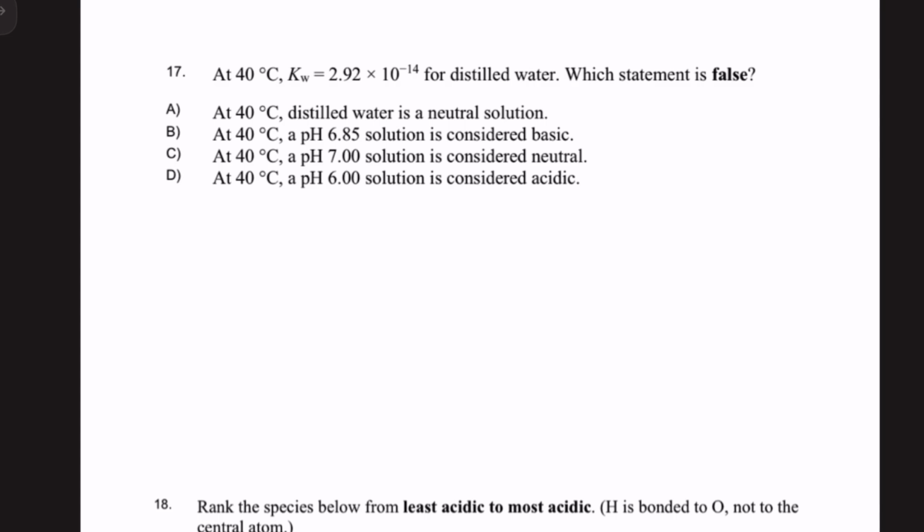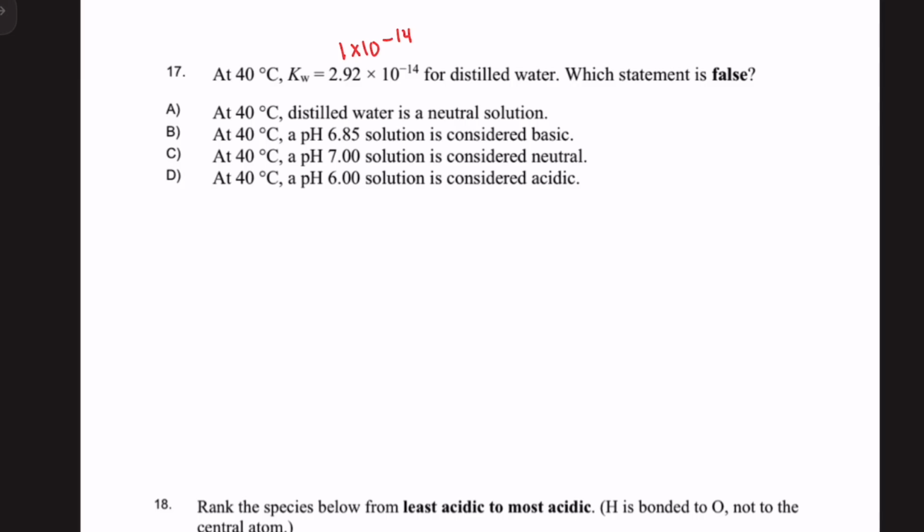All right, question number 17. This is a very interesting one. It's one of my favorite questions on this exam. So at 40 degrees Celsius, the Kw is 2.92 times 10 to the negative 14. As a reminder, regularly the Kw value is 1 times 10 to the negative 14. But we have it a bit different here. Which statement is false?